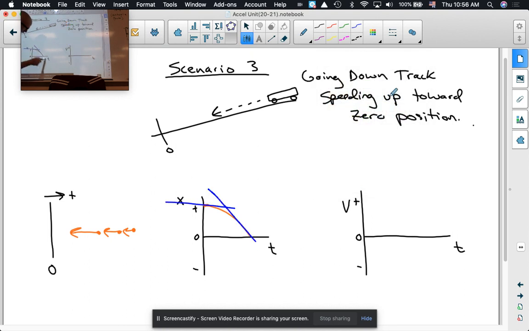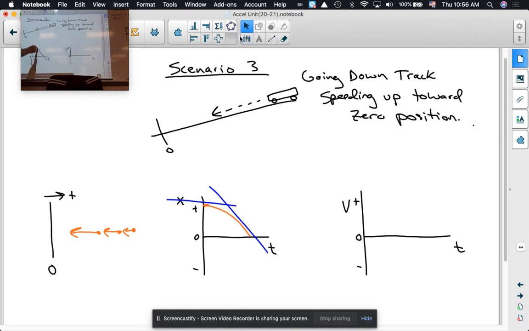A tangent over here, that's really steep, but it's negative. Really steep, but it's negative. Okay, so that's telling us that the velocity is getting bigger, but it's getting bigger in the negative direction because the line's getting steeper and steeper and steeper with a negative slope.